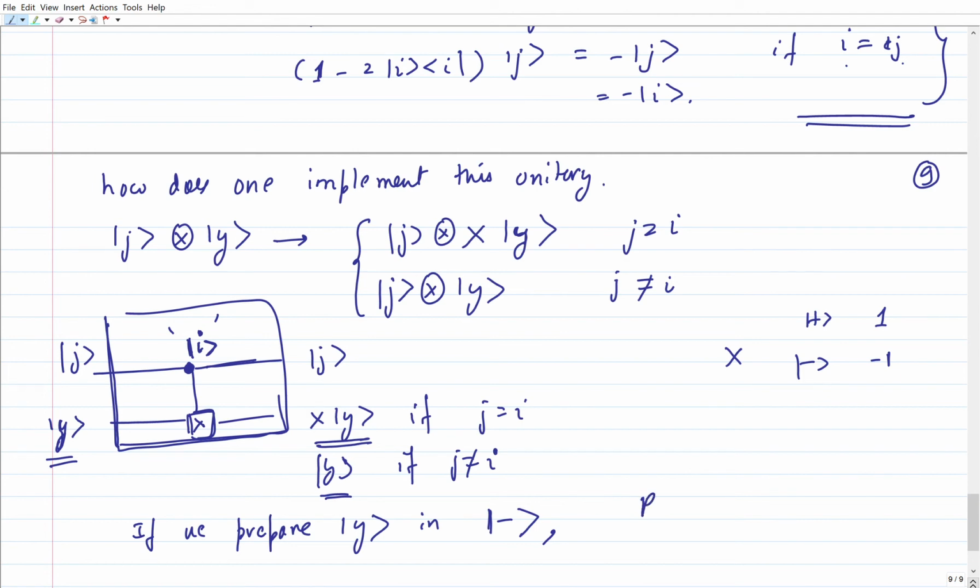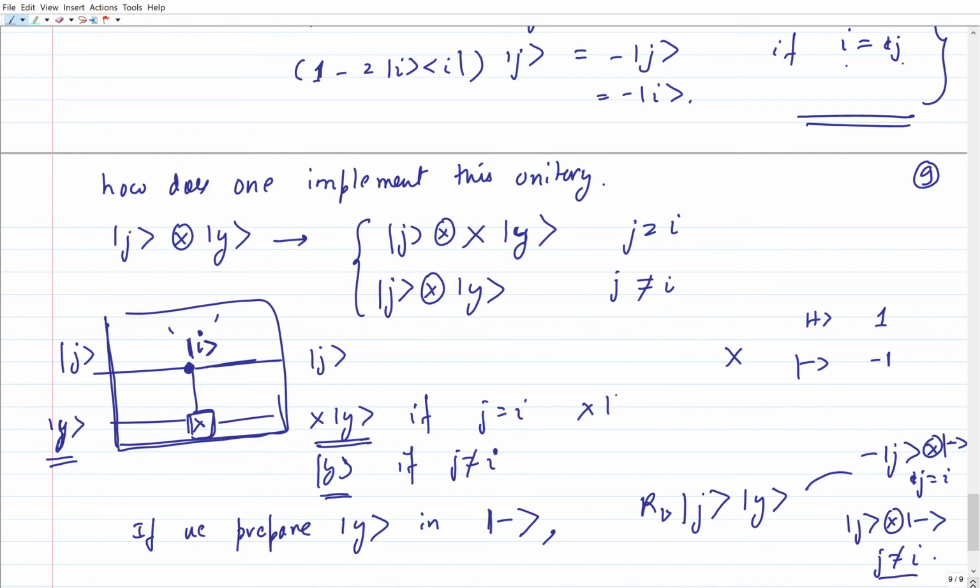Then RV acting on J times Y is going to give me minus J tensored Y when J is equal to I, and it's going to give me J tensored Y, where Y was minus, when J was not equal to I, because X acting on minus is going to give me minus of minus. So that's the idea I'm using over here.